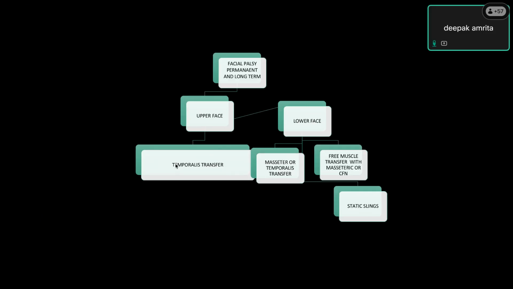If it's long-term palsy for the upper face, I would do a temporalis transfer. If it's lower face, I would do masseteric or temporalis transfer or free muscle transfer powered by the masseteric nerve or cross-face nerve. And I would use static slings for the nose and the ala.